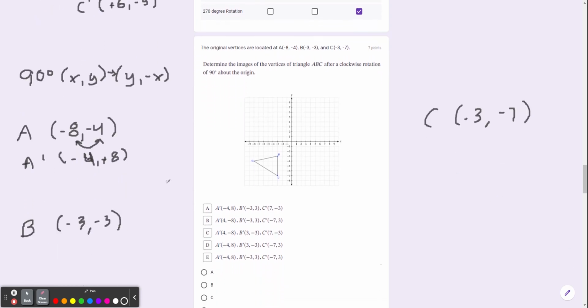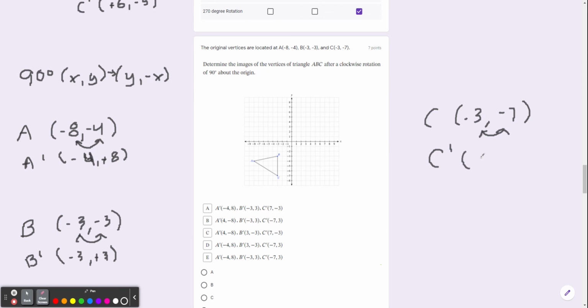And now let me do this one. Again, my rule says I need to flip my x and my y around. So it looks like it's going to be the same until B prime, until I make my x opposite. So x opposite becomes positive 3. And then C prime, I need to flip my x and my y around.